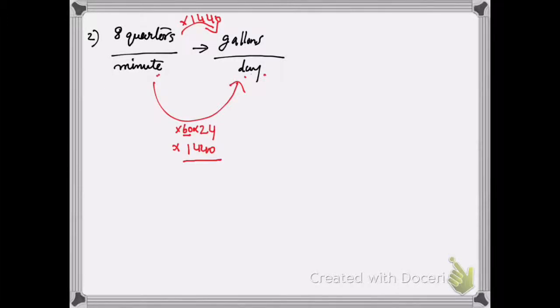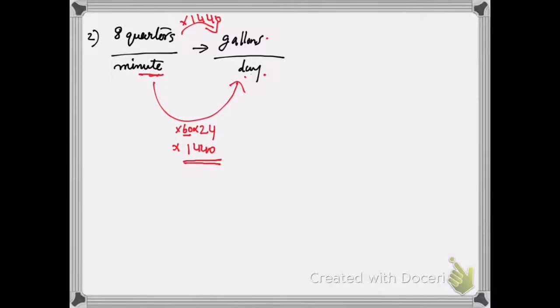Okay, so in the denominator, what you want is day. And what you want in the numerator is gallons, not quarters. So to transform minute to a day here, you want to multiply the number here in the numerator with 1440.